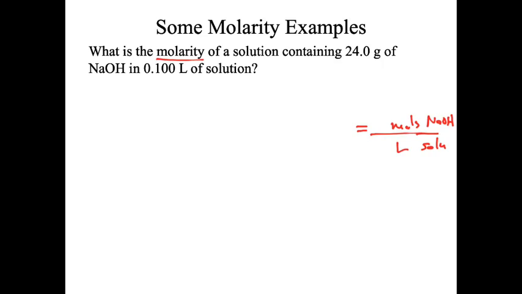Okay? So we have moles of sodium hydroxide and liters of solution. I'm going to throw in an extra little piece here. I'm going to say that I should actually do this: moles sodium hydroxide, liters, and solution. What change did I make? Changed all of the colors. Why?